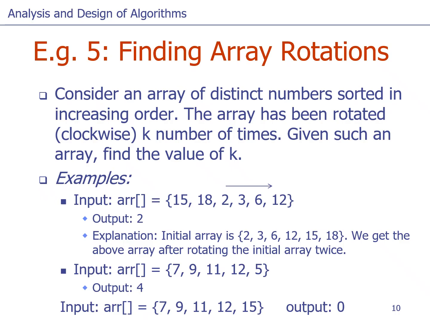And if you look at 7, 9, 11, 12, and 5, the rotations is 4. And if you look at 7, 9, 11, 12, 15, the rotations is 0. So when I design a divide and conquer algorithm, I will be dividing this array, okay? Because this is divide and conquer. But when I'm dividing, I don't know what to look for. So my observations have to be related to that. What to look for, okay?